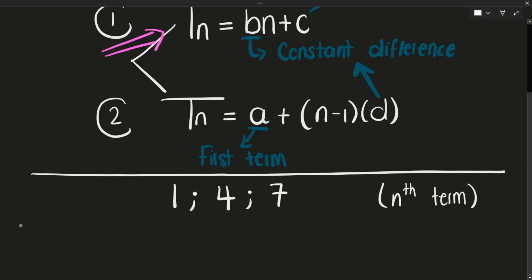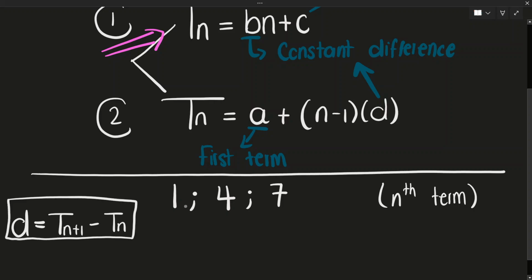But first, we need to remember that the difference is always equal to Tn plus 1 minus Tn. Right, that means this difference is always equal to Tn plus 1 minus Tn. So that means the difference of T2 minus T1 is the same as the difference of T3 minus T2.